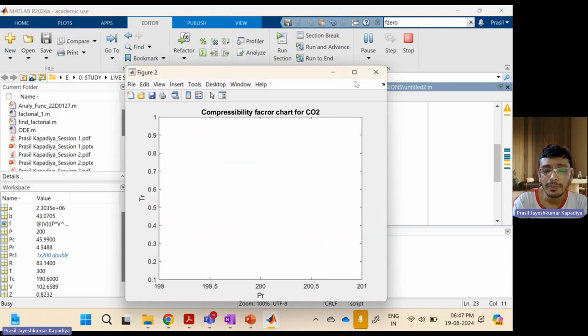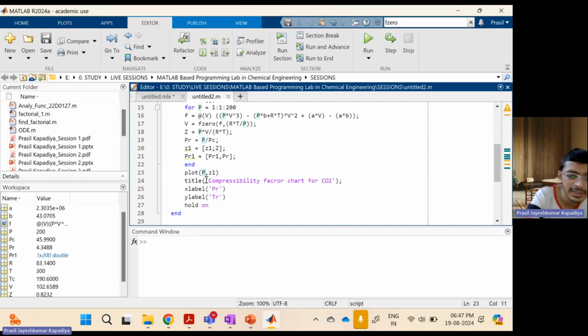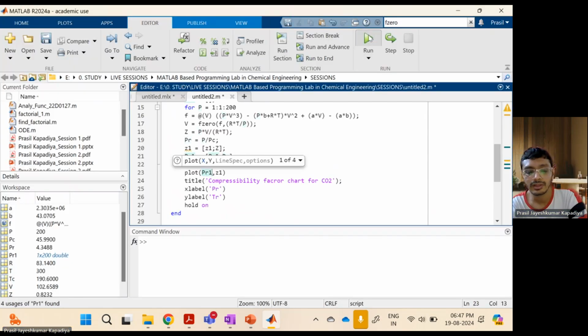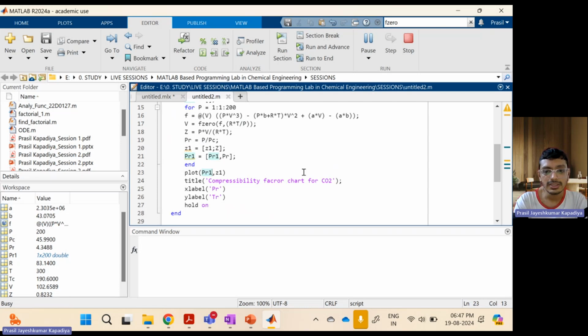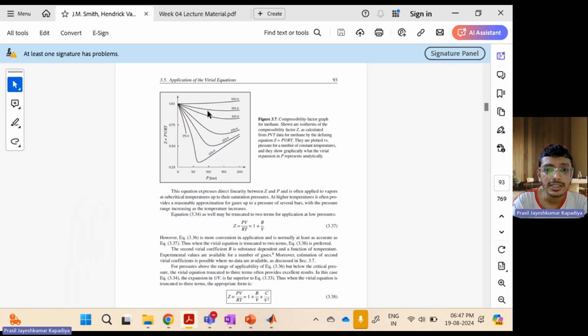No, it's not showing for PR because the range is huge. So let's do one thing. Let's keep PR only. So this is the plot at 200, 300. You can see that near this value of PR, there is one sharp curvature. And as temperature is increasing, it is getting smoother and smoother.